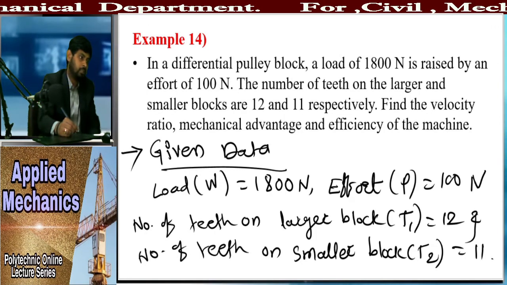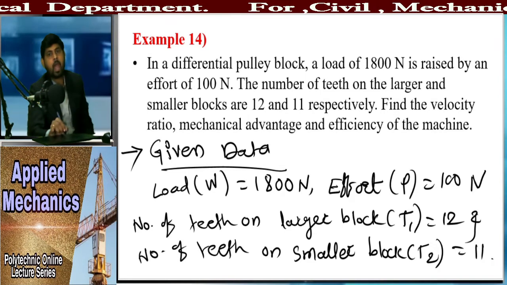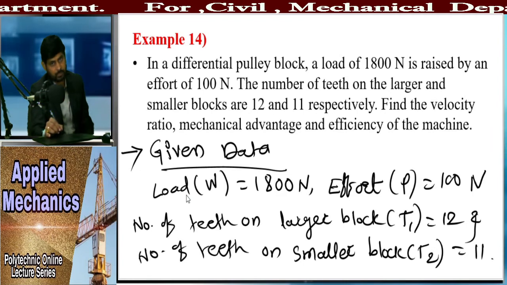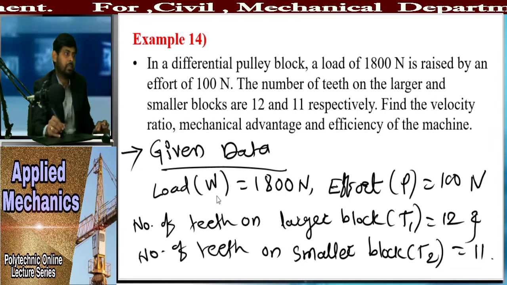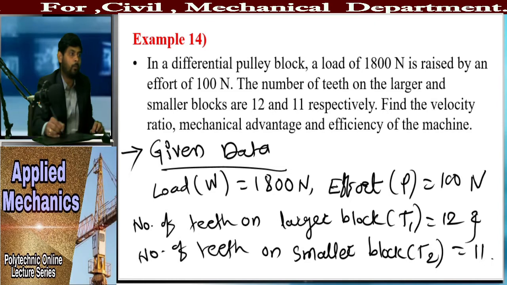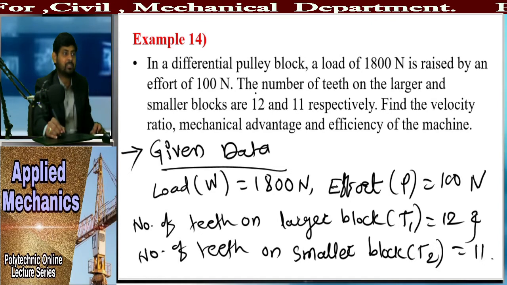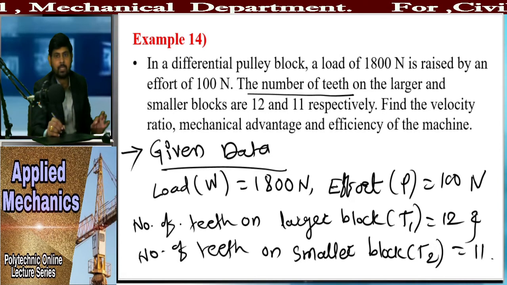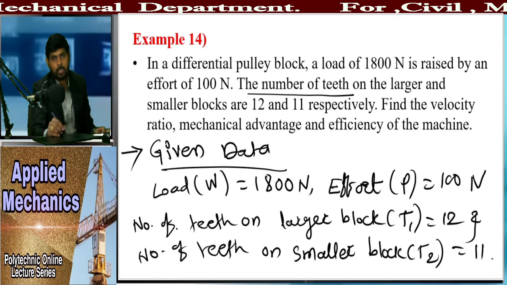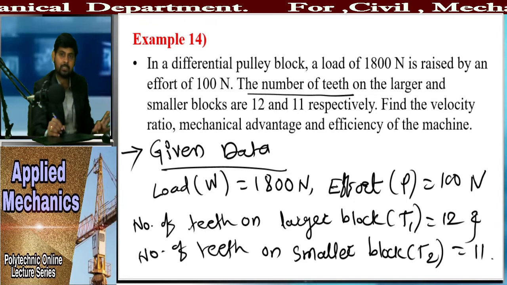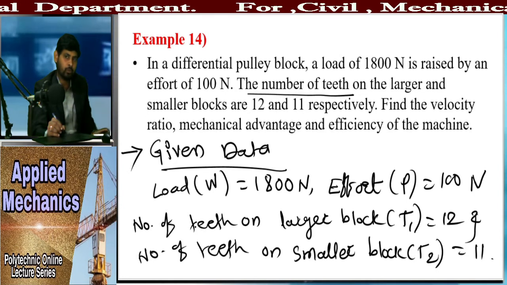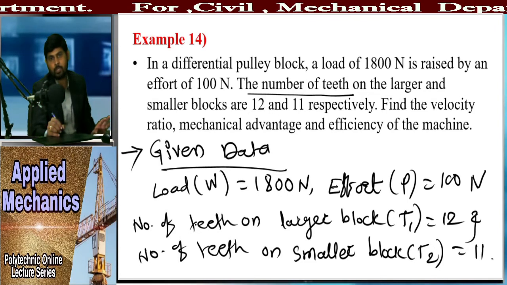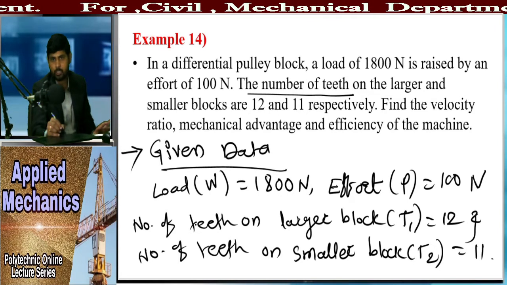Just in the previous problem they gave us the radius of the pulleys, but in this problem the problem mentions the number of teeth. Number of teeth means they have given us T1 and T2. As I told you, in Weston's differential pulley block, if the values are given in diameter, we have to take the direct diameter: 2D divided by D minus d, that is the velocity ratio.